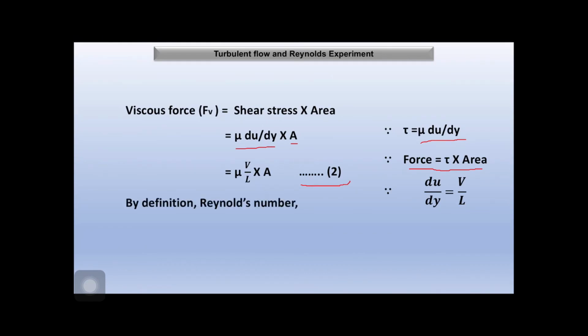By the definition, the Reynolds number is the ratio of inertia force to viscous force.